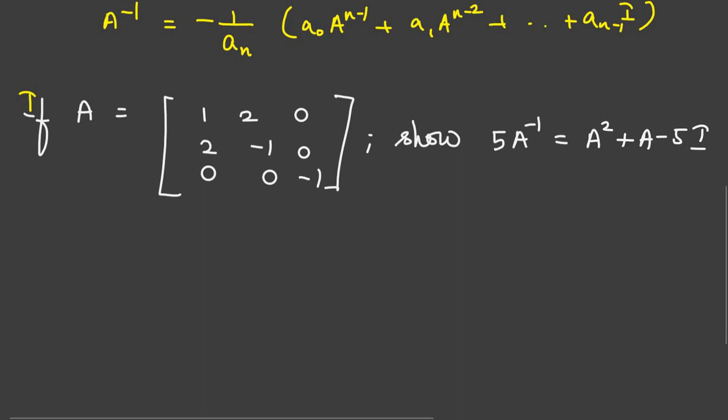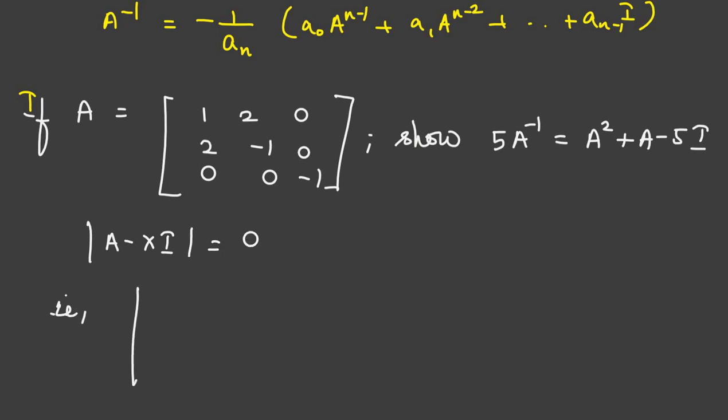What is the characteristic equation? Determinant of A minus xI is equal to 0. Therefore, the given matrix becomes the determinant of A minus xI, where the diagonal values are written as 1 minus x, minus 1 minus x, minus 1 minus x, with the rows 1 minus x, 2, 0; 2, minus 1 minus x, 0; 0, 0, minus 1 minus x.